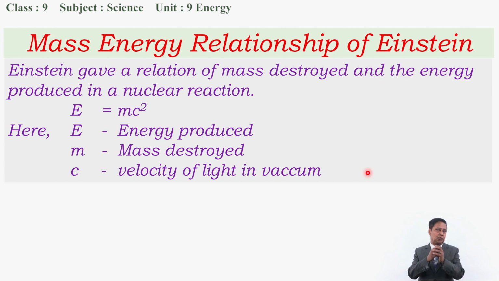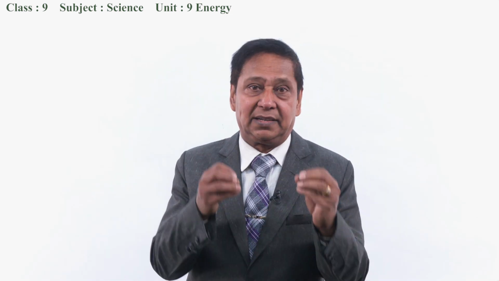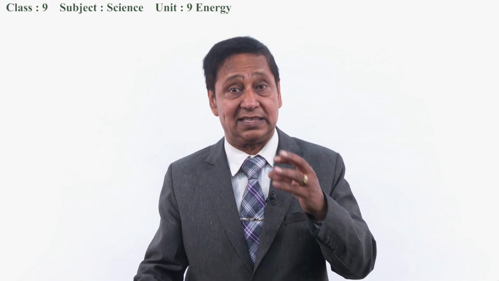Now it's time to talk about the nuclear reaction which is constantly taking place in the sun. What is happening in the sun? The surface temperature of the sun is comparatively low, about 5700 degrees Celsius. But the temperature at the center is very high, that is 15 million degrees Celsius, that means 1 crore 50 lakh degrees Celsius in the center.